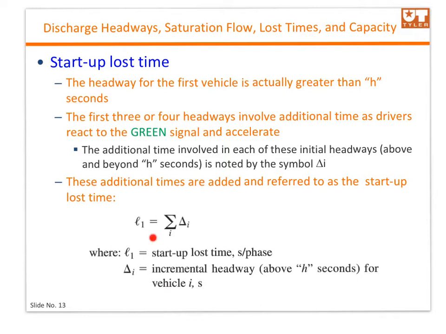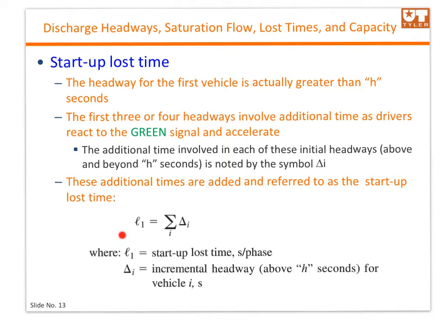So L1, this is what we call the startup lost time. Once we have a green light, we're going to have some time lost, and that's going to come from the drivers of the first 4 vehicles or so to react and accelerate their cars by the time they see the green light.